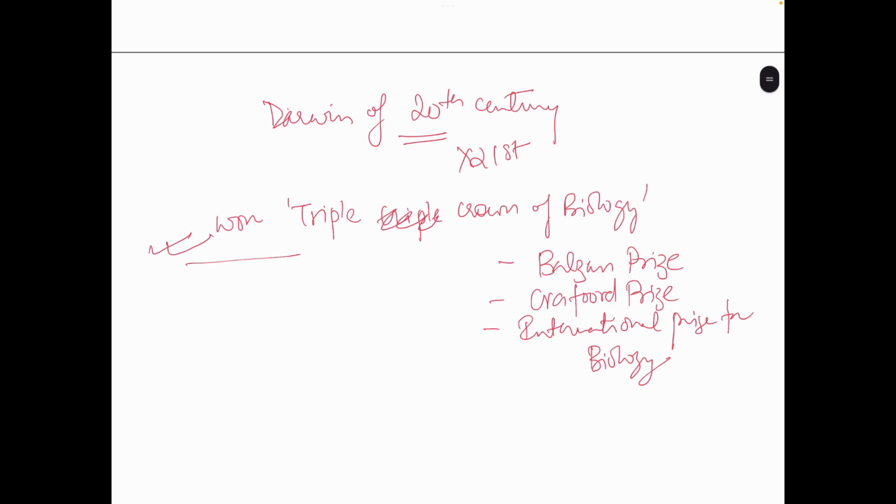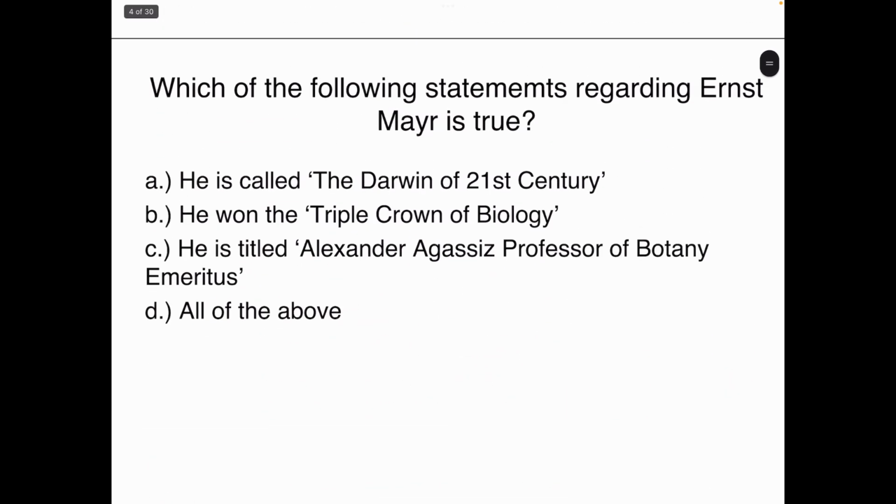Okay, let's look at the third statement. He is titled Alexander Agassiz Professor of Botany Emeritus. Everything about this statement is true except that he was titled Alexander Agassiz Professor of Zoology, not Botany.